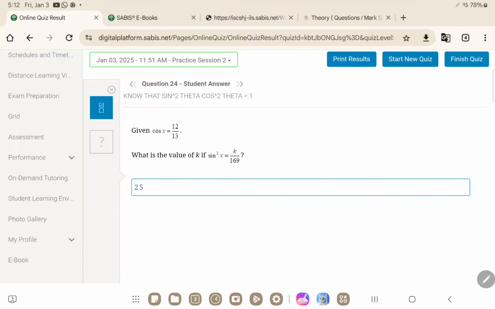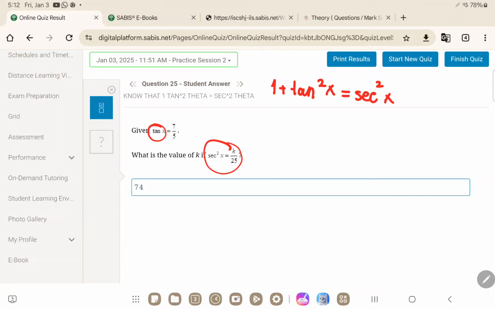Now, let's move on to the next question. Here they gave us tan of x, and they want us to find secant squared of x. We know that 1 plus tan squared x equals secant squared x.